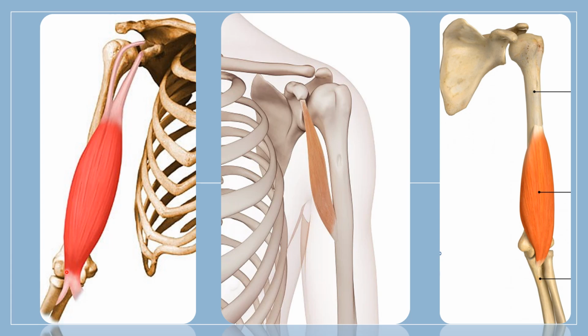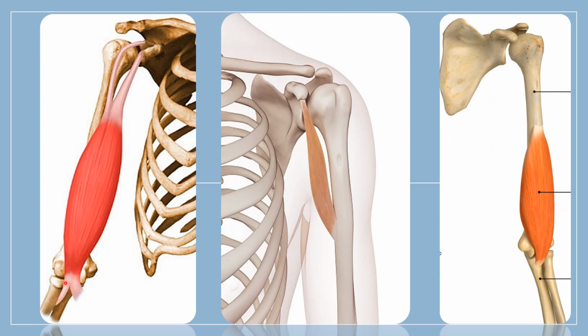Insertion, biceps tendon inserted into radial tuberosity. Medially, the tendon becomes a sheet-like, which is called bicipital aponeurosis. This aponeurosis attached into the posterior border of the subcutaneous part of the ulna.